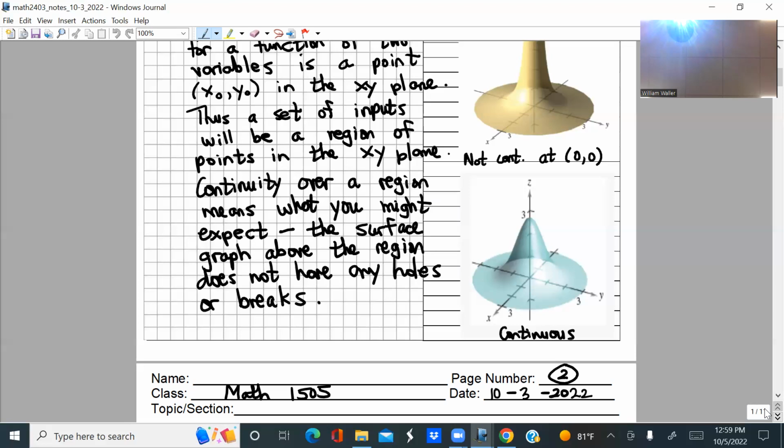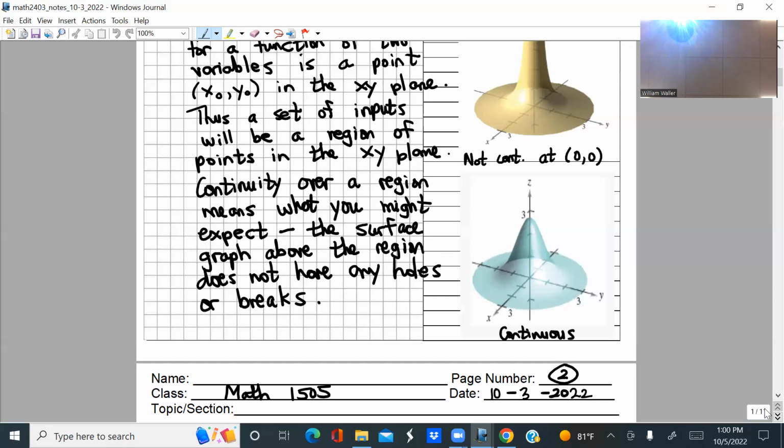Unfortunately, in 3 dimensions, things get infinitely more complicated. You have to think about in what direction you're moving toward a point, and it may not be just left to right. You can be coming from any direction, which means infinitely many directions.